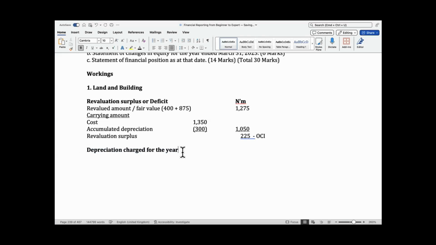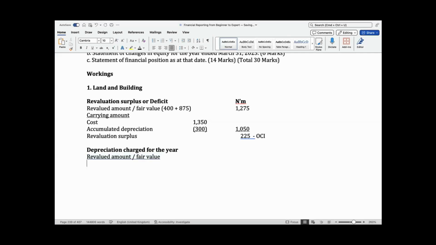And when I want to do my depreciation charge for a revalued asset, it's simply going to be the revalued amount or fair value divided by what?